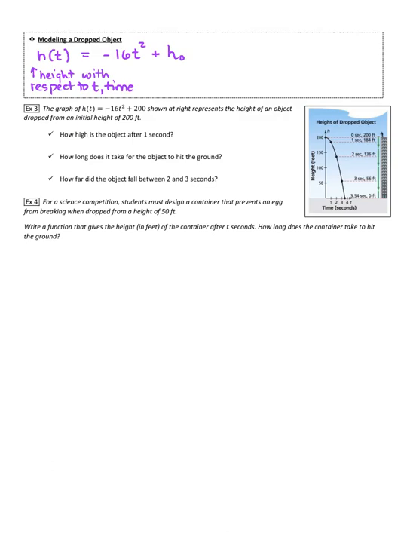All right, so what does this mean? This -16 is in feet per second squared. It's actually your gravitational constant. So that's the speed at which something falls when you just let it go here on Earth. It would be different on a different planet. And then this h naught, the little sub-zero, actually represents at time 0.